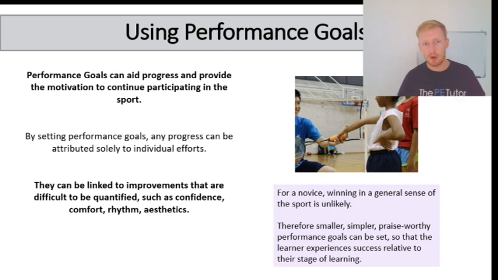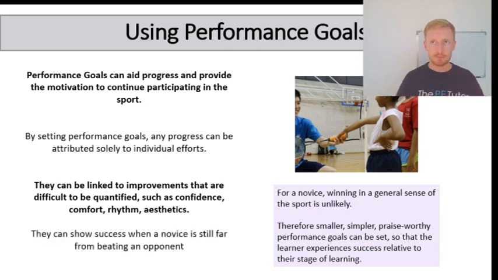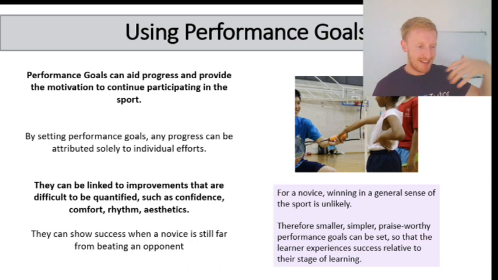A lot of the time as well, performance goals, they are linked with sort of qualitative language. So things that are not hard, but it's more difficult to quantify them, to measure them, to put a number on them. So all the while we're using outcome goals, we're looking for scores, numbers, percentages, ratios.